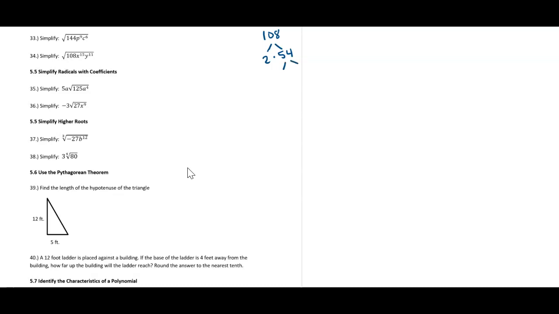It still ends in an even number, so I'll go 2 times what? 2 times 27. And then 27 breaks down to 3 times 9. 9 breaks down to 3 times 3. So when we are dealing with this, I'm going to just write these out in here so you can see.